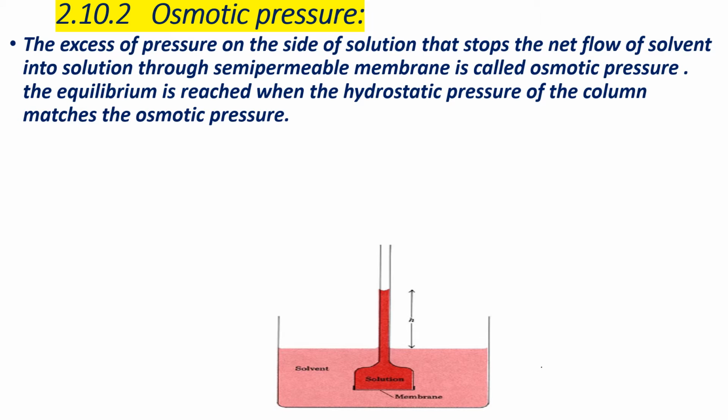Simple definition you have to remember. The excess of pressure on the side of the solution that stops the net flow of solvent into the solution through the semi-permeable membrane is called osmotic pressure.